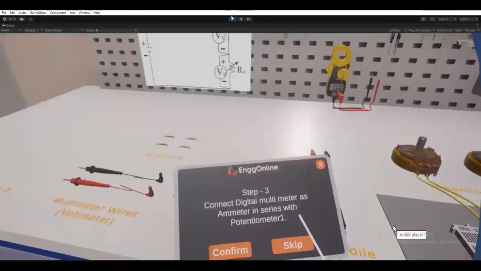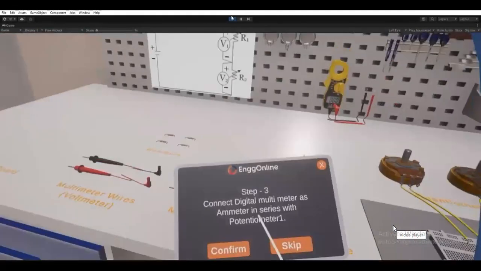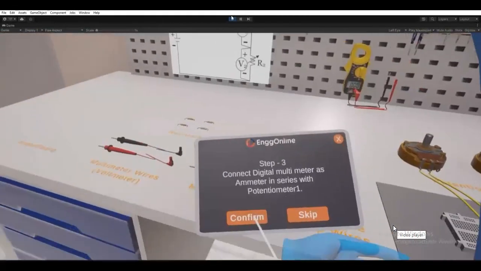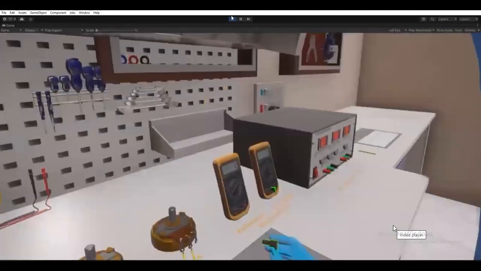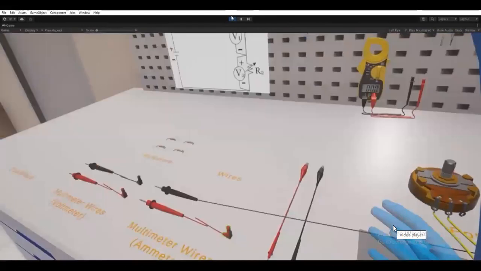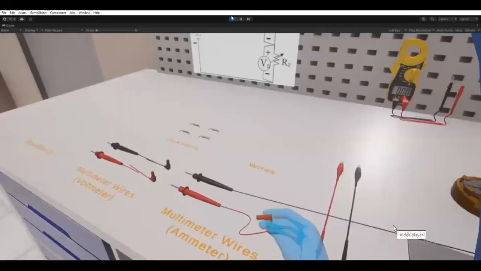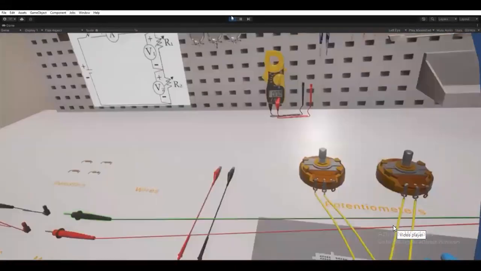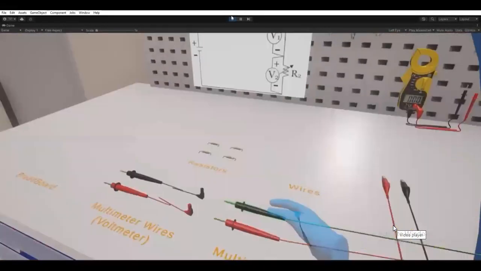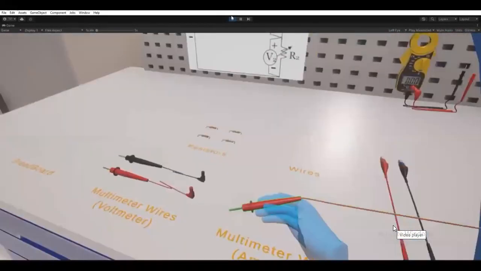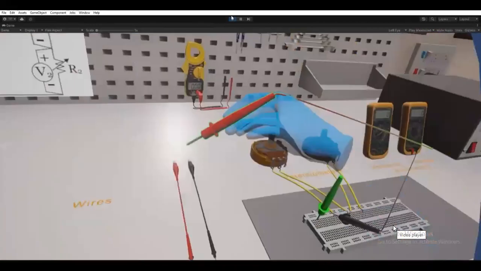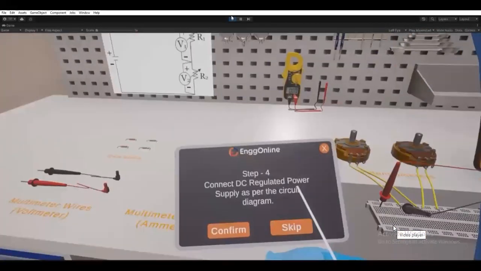Step 3. Connect digital multimeter as ammeter in series with potentiometer 1. Step 4. Connect DC regulated power supply as per the circuit diagram.